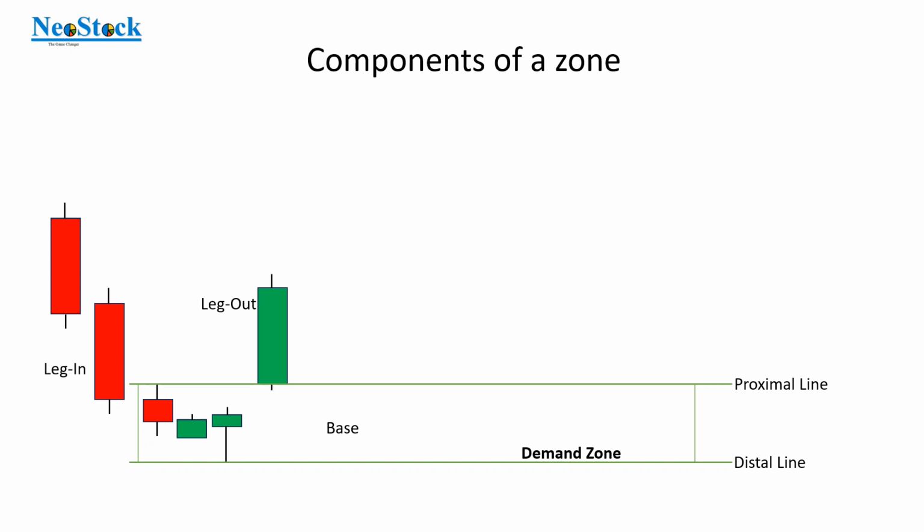And this is a demand zone because the prices are moving up. That means demand exceeded the supply here. That is an imbalance in the price.